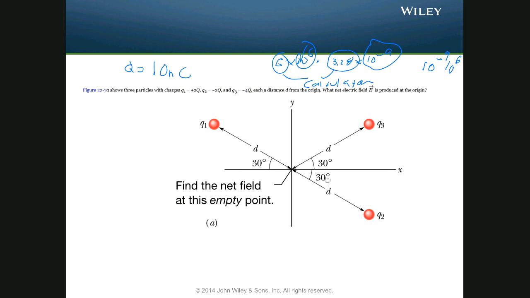Now, the way to do this problem is to break it up into smaller, easy problems and do them one at a time. Okay? So you'll notice the first thing I want to do is sort of get a feel for the direction of how this is going to go. Now, at the origin, here, I'm going to go to pencil mode. Is Q1 positive or negative?